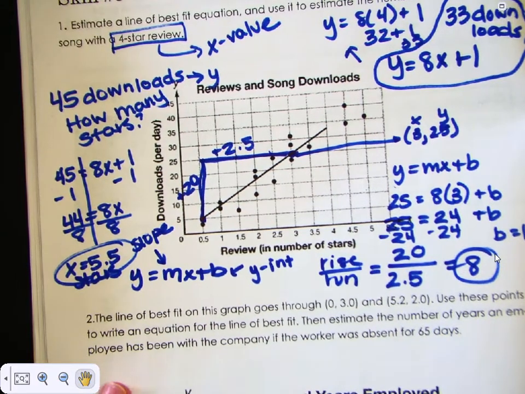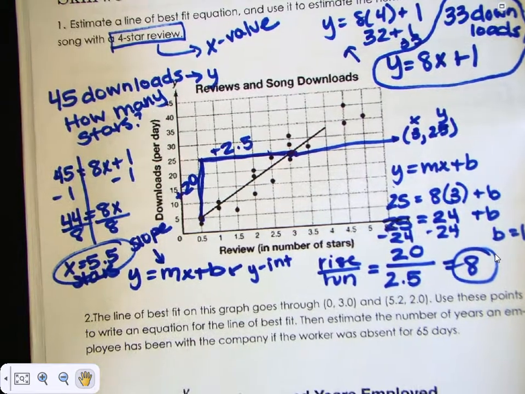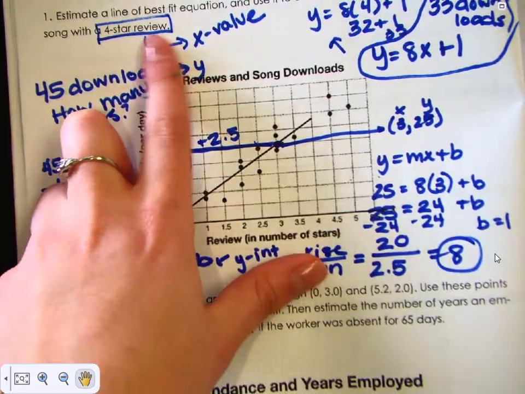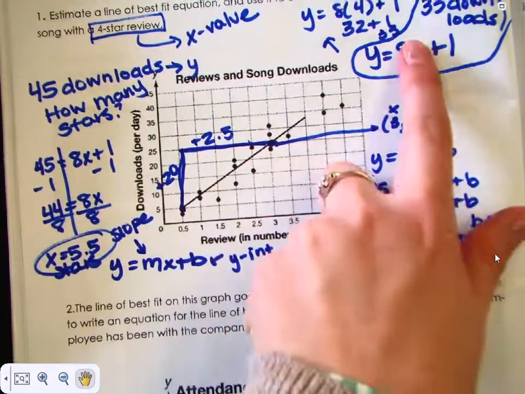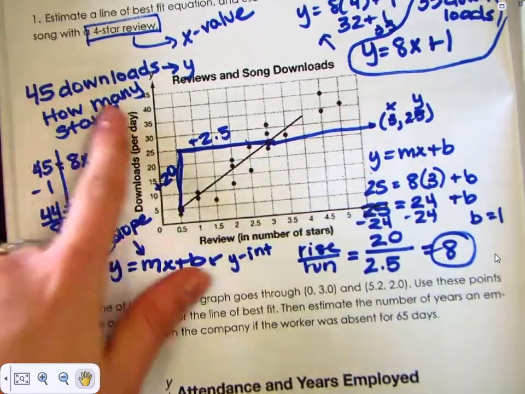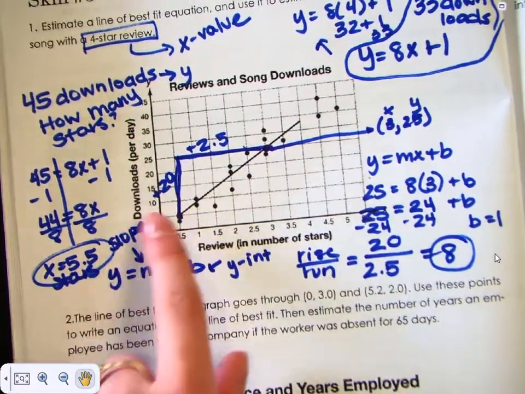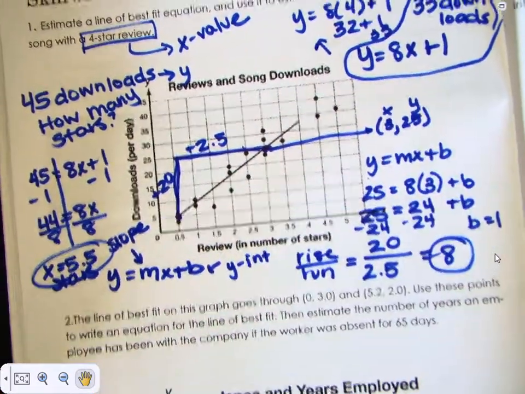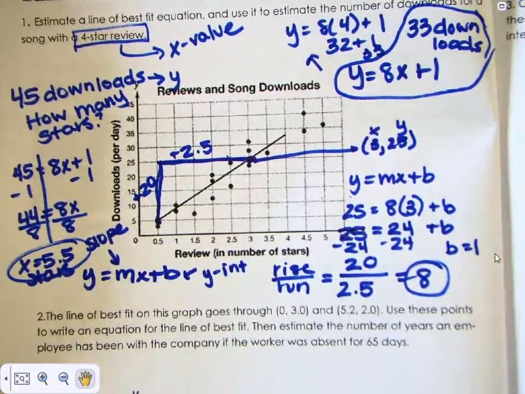So that is how you interpret the line of best fit. Really the trickiest part is to figure out what it's asking. If 4 stars is what's on your x-axis, then you're plugging in for x. If it asks how many stars for this particular downloads, they're giving you your y, so you're going to substitute that in for y and solve for your x. Okay? If you have any questions, come on over to the table.